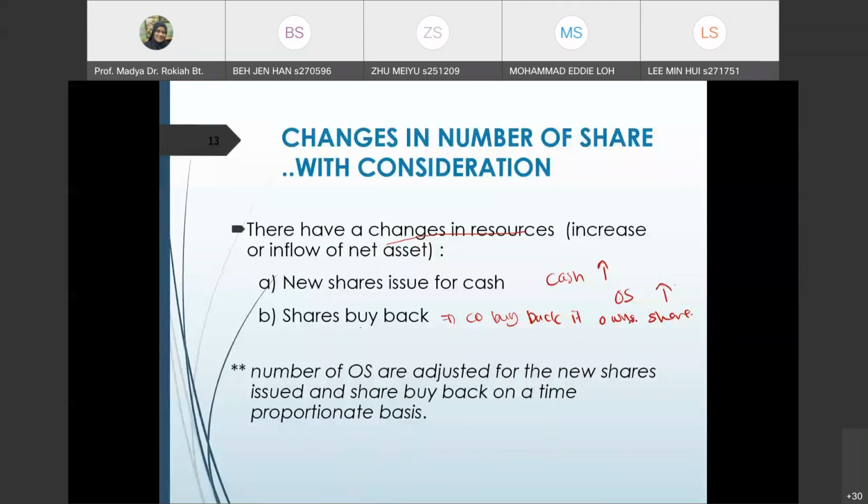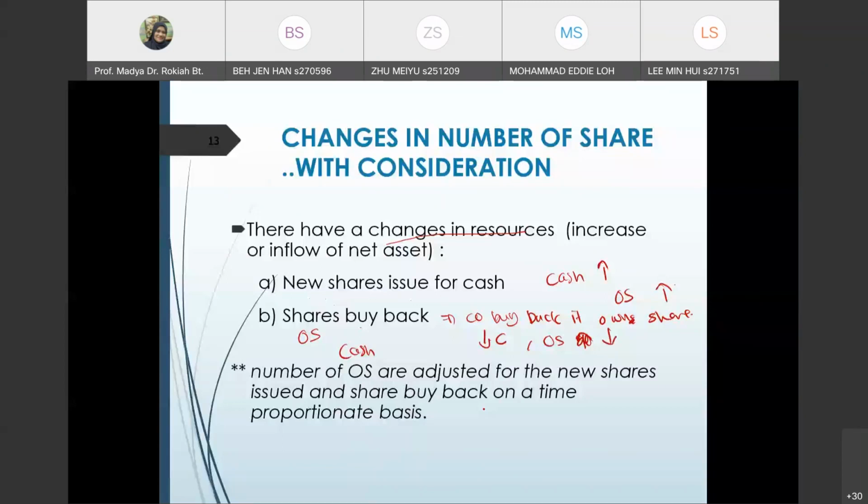So share buybacks here you need to minus, because you're going to reduce the number of shares. The number of ordinary shares is adjusted for a new shares issue and share buyback on a time-based, proportionate basis. Proportionate basis here means that you need to time it with the period. So you need to look at when you issue new shares and when you make a share buyback.